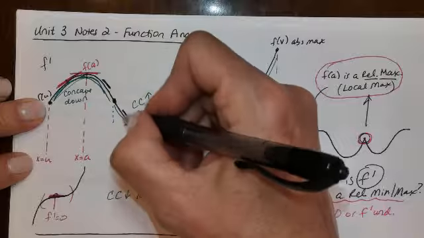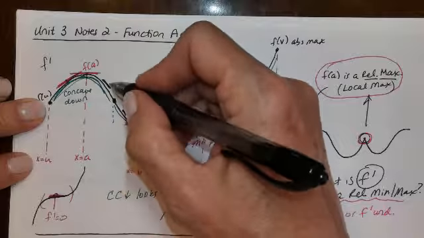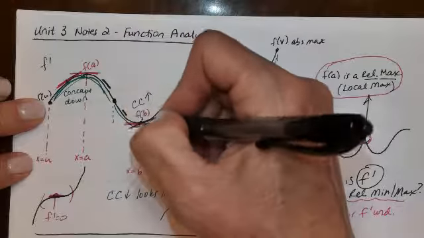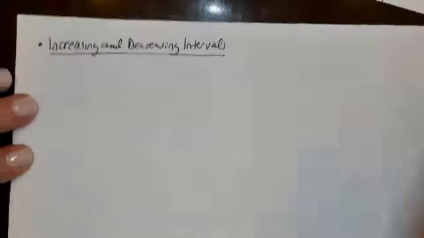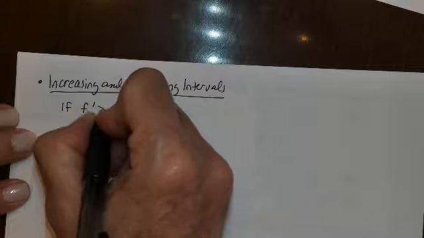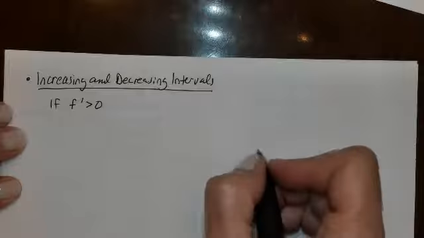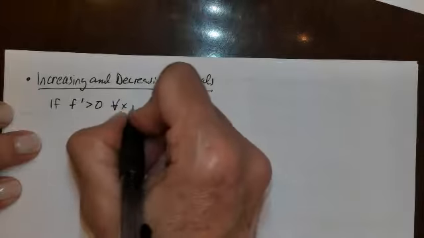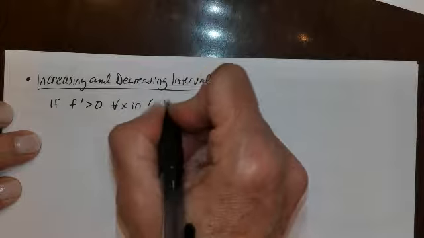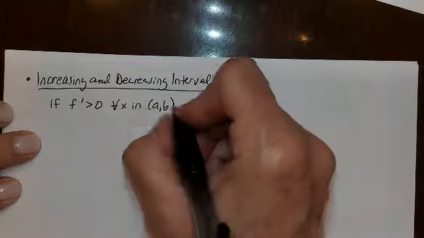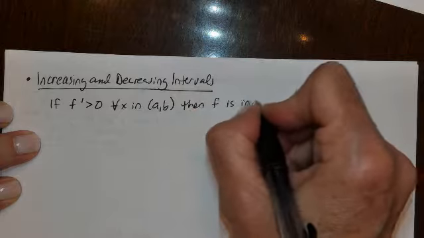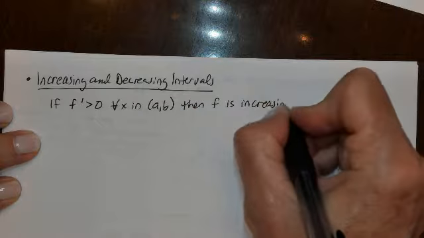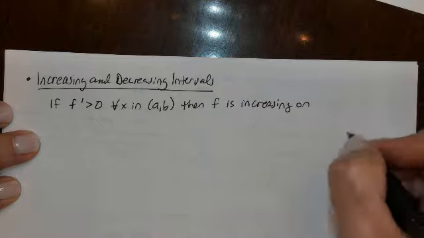And it doesn't matter whether you're concave down or concave up. The slope will be negative if you're decreasing. Okay? So we can say if f prime is positive for all x in an interval a to b, then f is increasing on the interval.